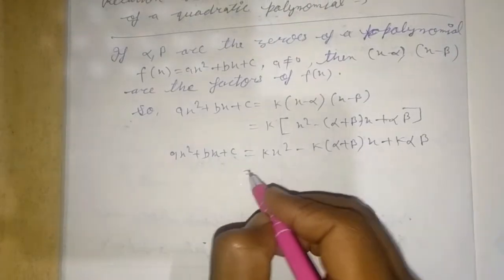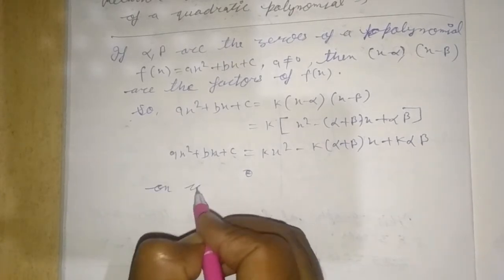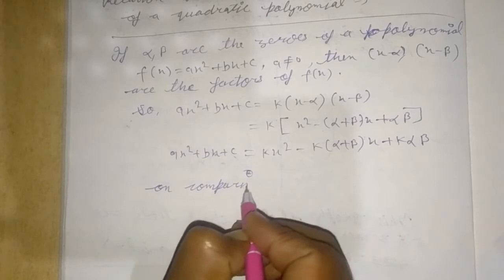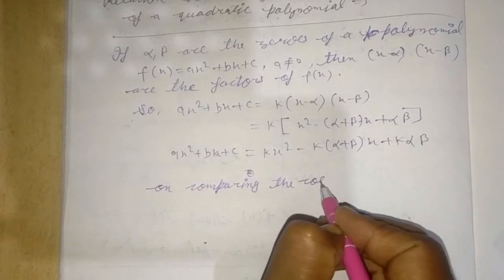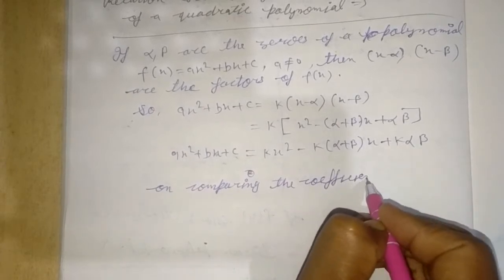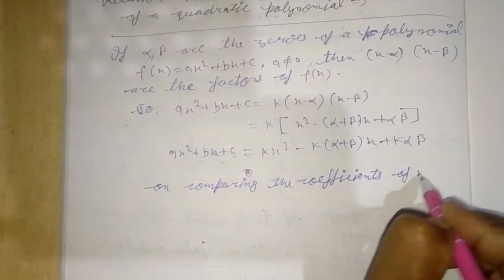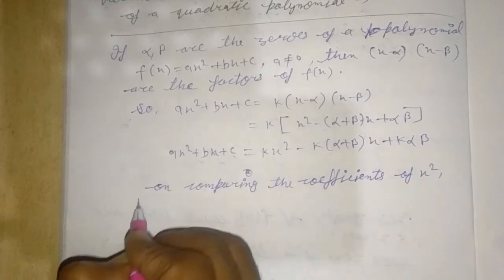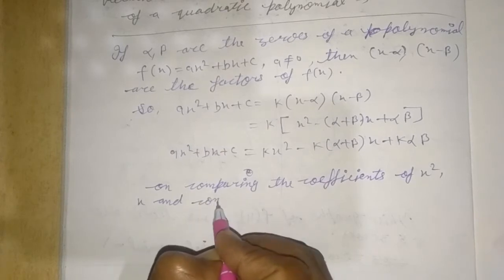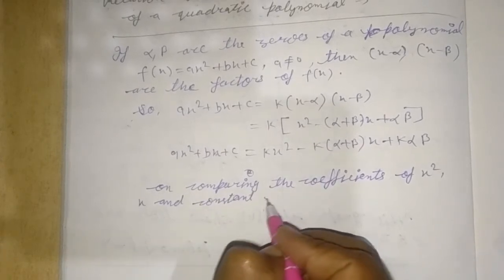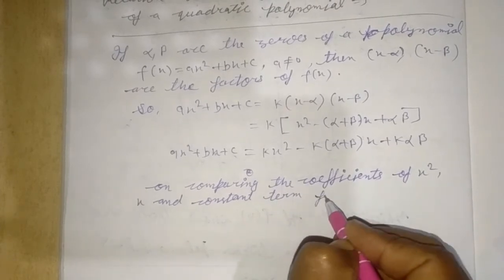Now, our next line we write here, on comparing the coefficients of x square, x and constant term from both sides.